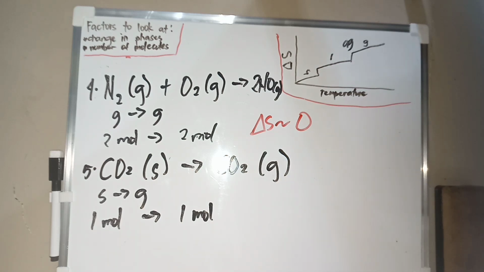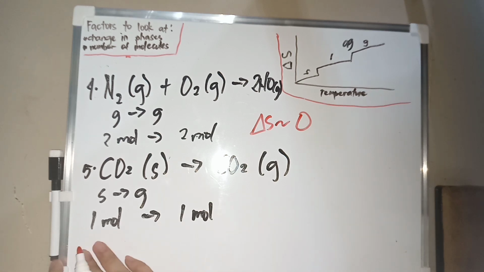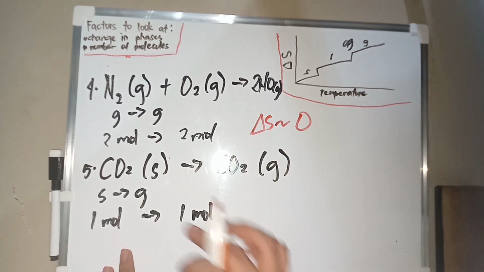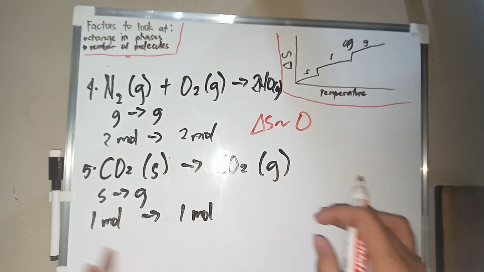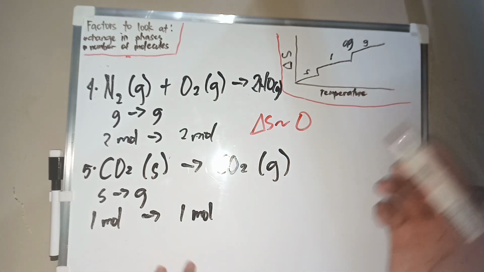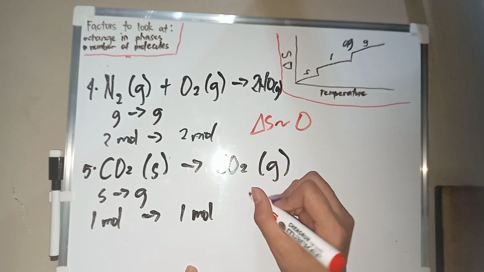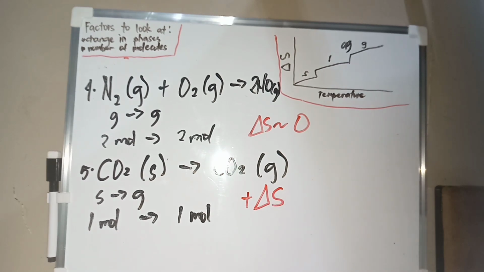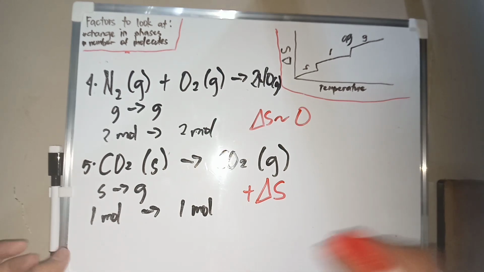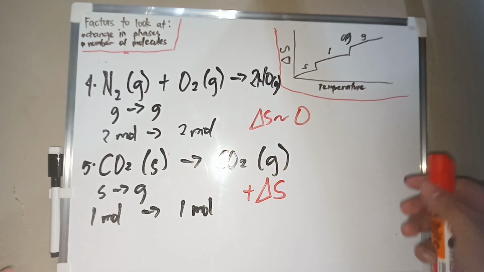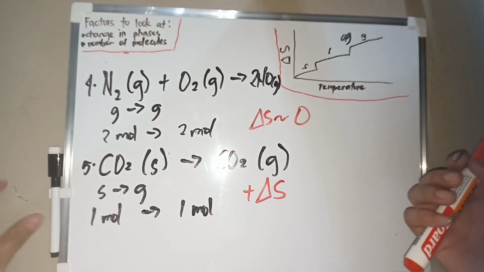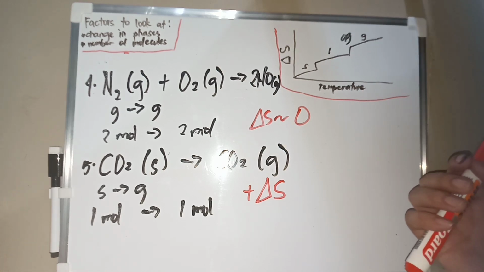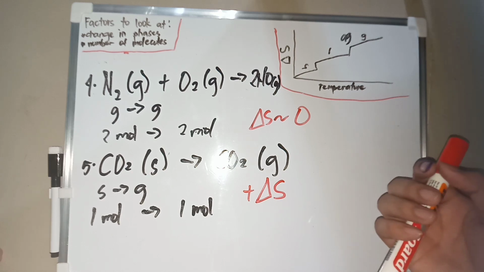So our number of molecules didn't change, but the phases changed from solid to gas, so it will have an increase in entropy. So those are how we predict or determine the signs in change in entropy.